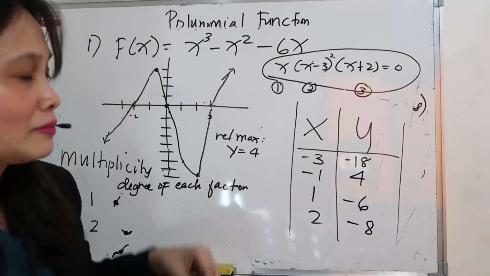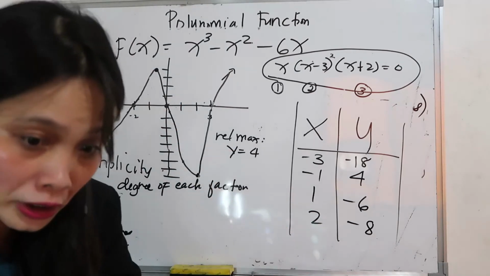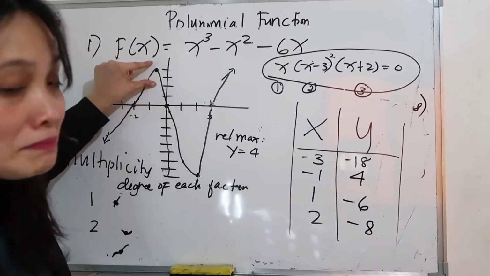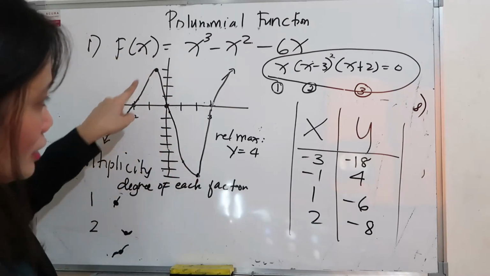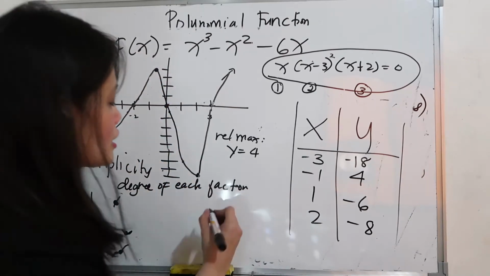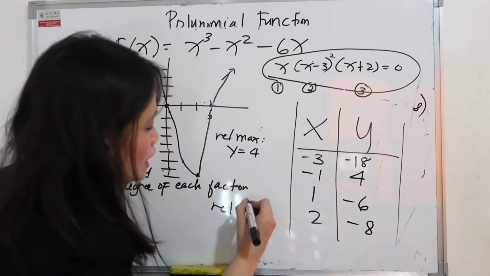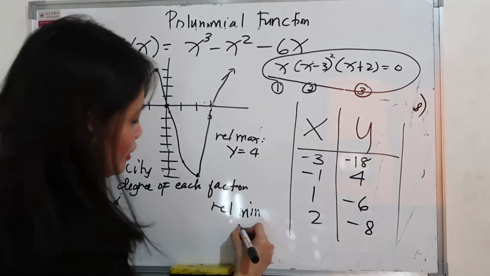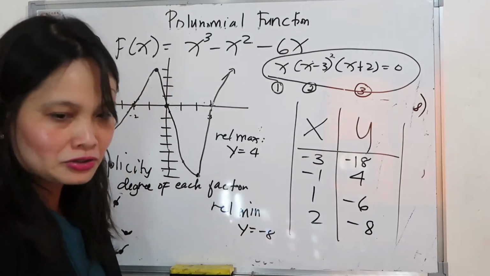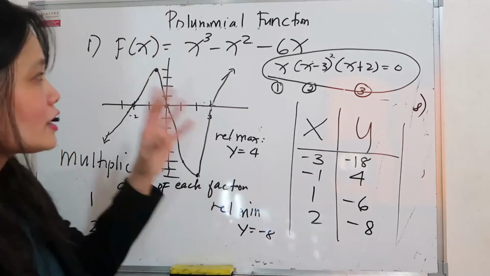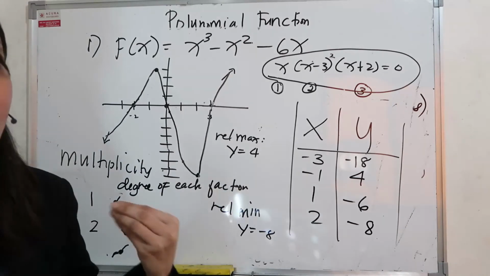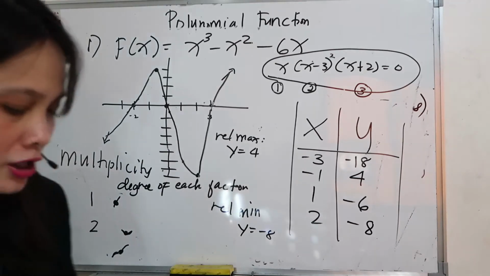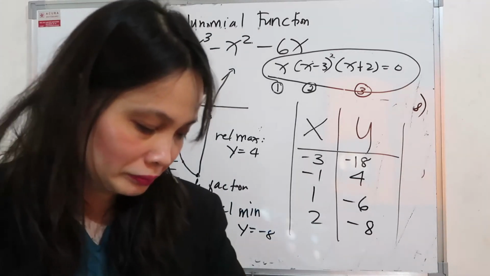There's no other point which is higher than your relative maximum. It's the only one. What about your relative minimum? Okay, negative 8. So that is a polynomial function.